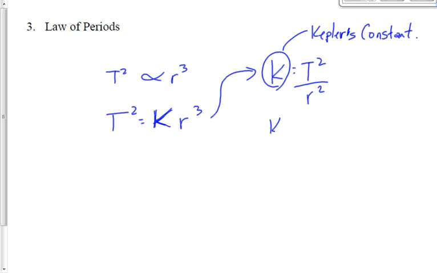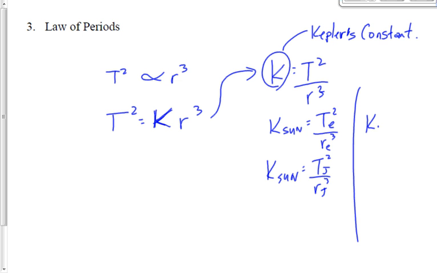For instance, Kepler's constant for the sun could be equal to T squared over R cubed for the Earth, but it could be equal to T squared over R cubed for Jupiter, or it could be equal to T squared over R cubed for Mars. Every object revolving around the sun, using data from that object, will produce the same value of K, Kepler's constant for the sun.